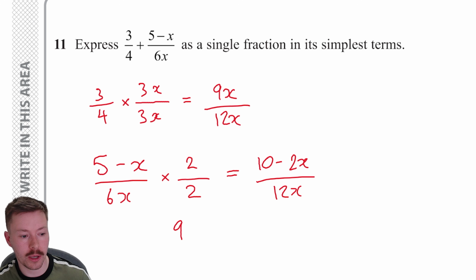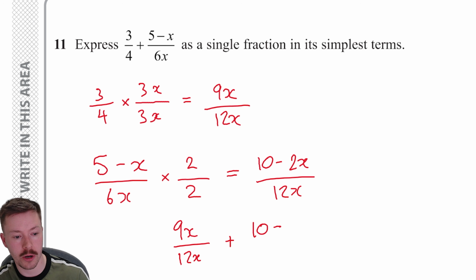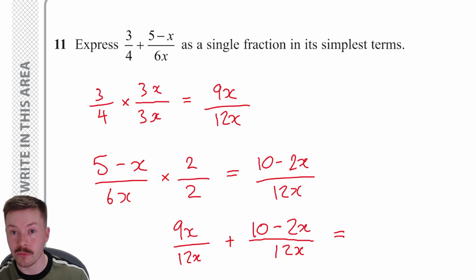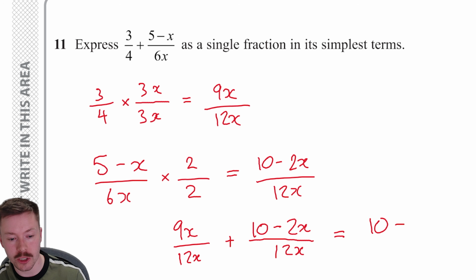So I get 9x over 12x plus 10 minus 2x over 12x. Add the numerators. Number terms is just going to be 10. I've got 9x minus 2x, which is 7x. And that is over 12x.